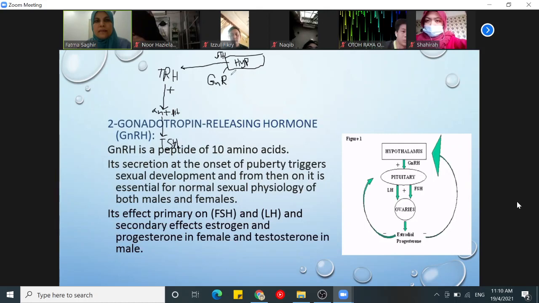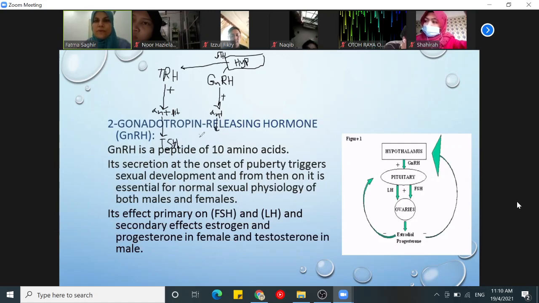Gonadotropin releasing hormone. From the name, this will stimulate again the anterior pituitary, but to secrete another one, not thyroid stimulating hormone.